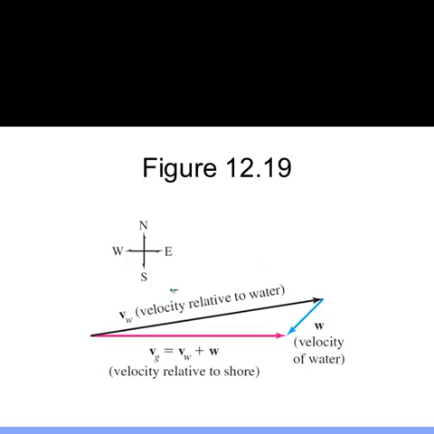So your boat is headed this way in the water. The direction of the water is according to the blue arrow. But if you are an observer on the shore, then the red vector will be the direction that the boat appears to be going.